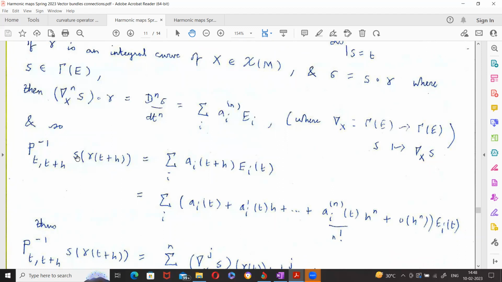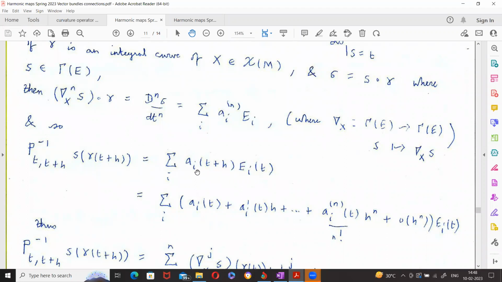So if I take S at the point gamma(t+h), and I parallel transport it back to gamma(t), I take the inverse of parallel transport from t to t+h. So then what will this be? This is going to be the sum over i of a_i(t+h) E_i(t), right? Because the inverse of parallel transport will map E_i at t+h to E_i at t.